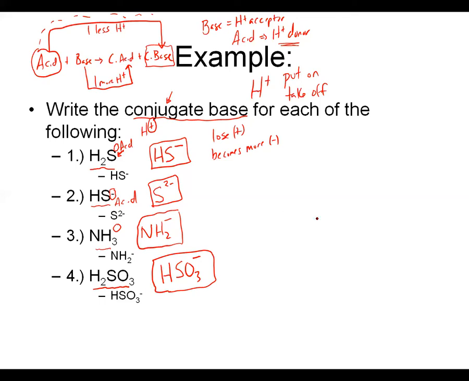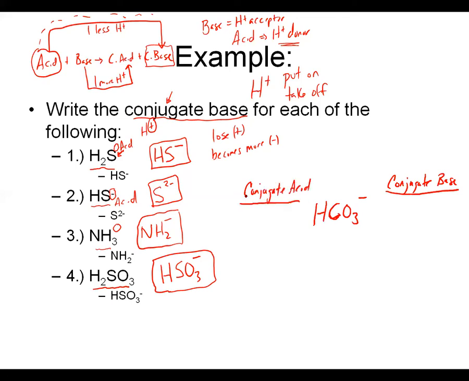So let me give you one here and you give it a shot. Let's go with HCO3 minus. That's HCO3 minus. Why don't you write the conjugate base for it, and while you're at it, the conjugate acid for it as well?